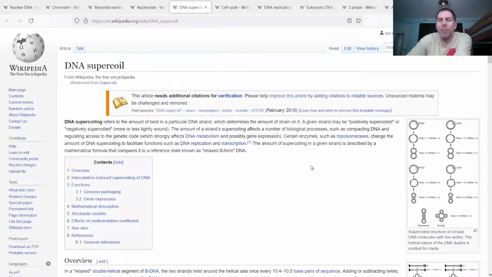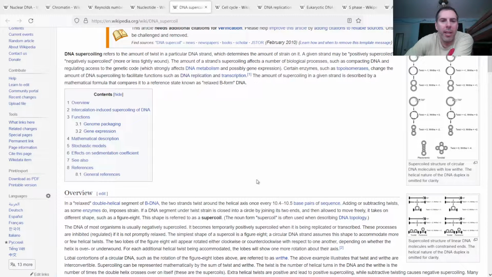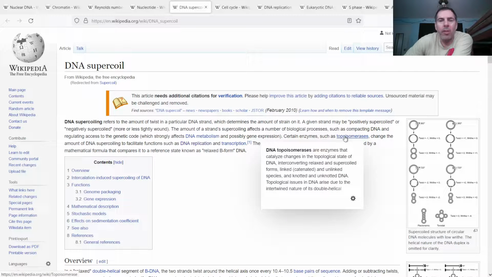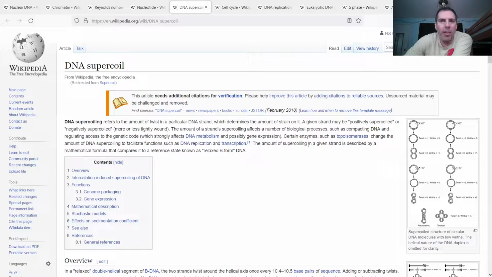Well, I might be thinking more of transcription, but still there's a twisting and tension in the DNA that needs to be taken into account when replicating the DNA. And the topoisomerase is the enzyme or protein that helps relieve the tension by handling this supercoiling.